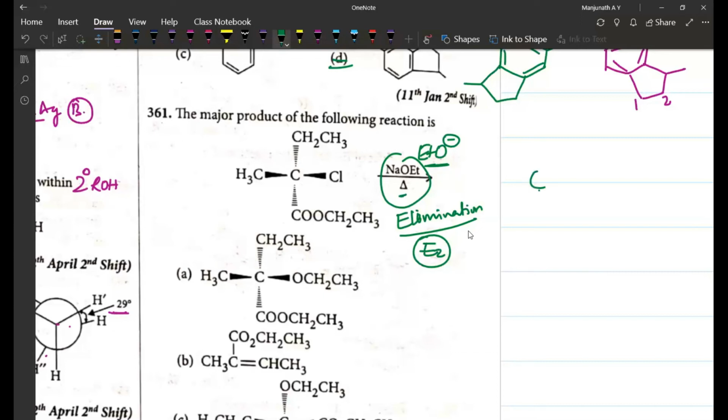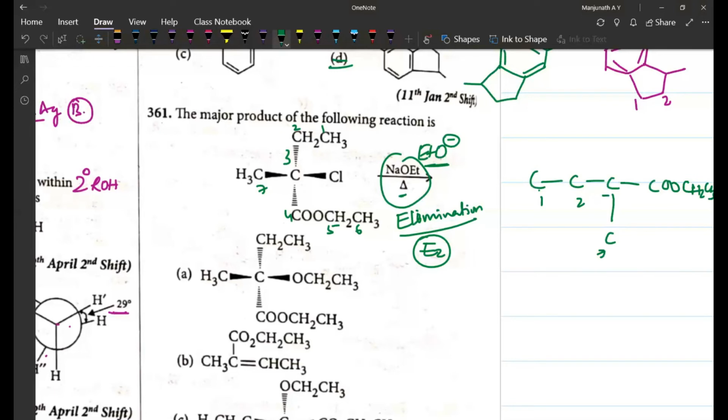So I am marking here 1, 2, 3, 4, 5, 6, 7. COO, CH2, CH3. So this has no effect actually.